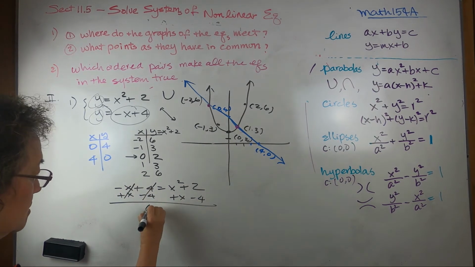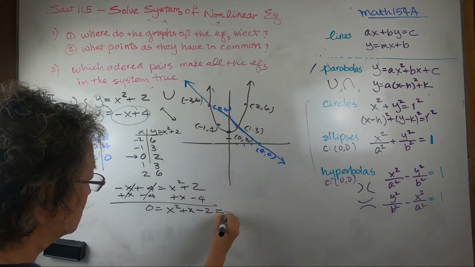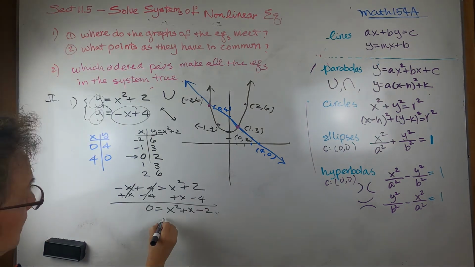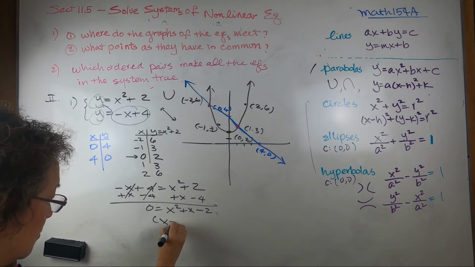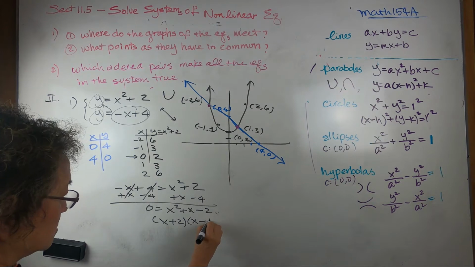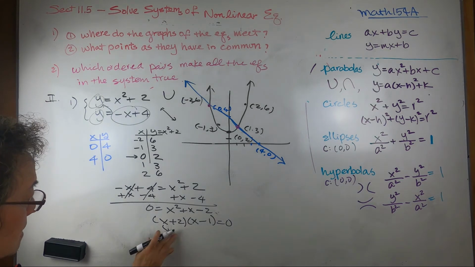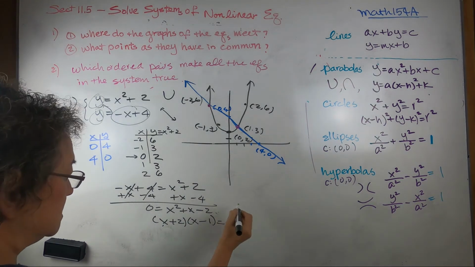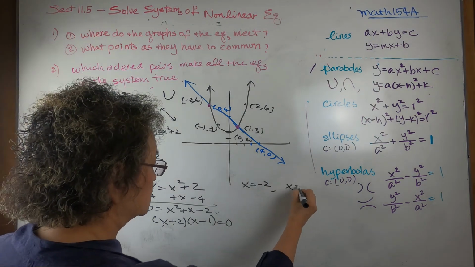So we have 0 equals x squared plus x minus 2, right? Then we factor it. So we have x plus 2, x minus 1 equals 0. Then x is either negative 2 or x is 1.